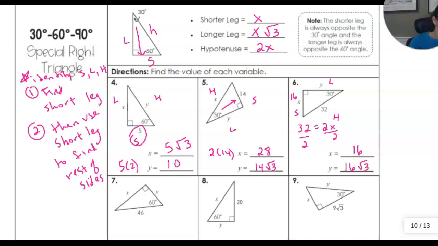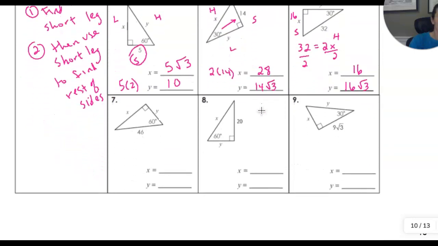Okay, so now let's go ahead and take a look at number 7. In number 7, it looks like we have the same thing again. We have 46 as the hypotenuse, we have y as the short side, and we have x as the long side. And just a reminder that the short side is always opposite the 30-degree angle, long leg is opposite the 60-degree angle, and the hypotenuse is opposite the 90-degree angle.